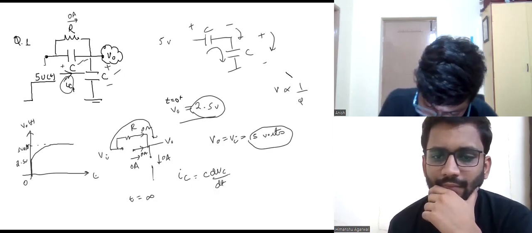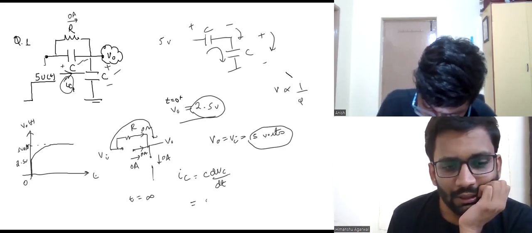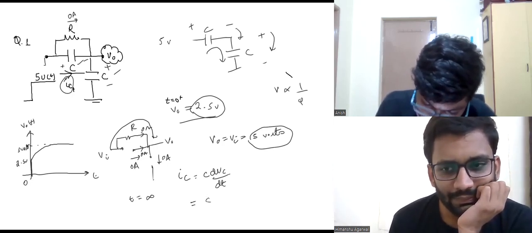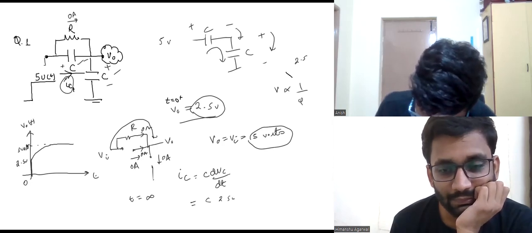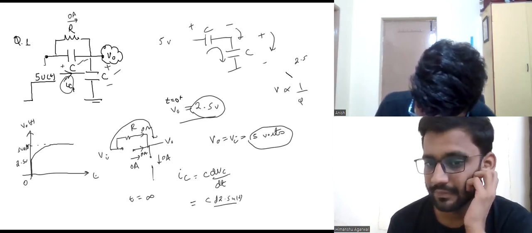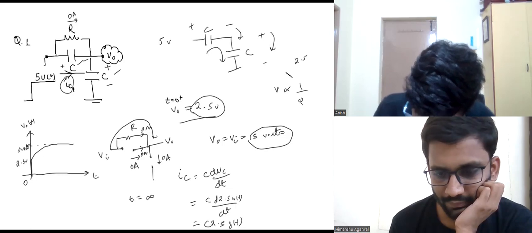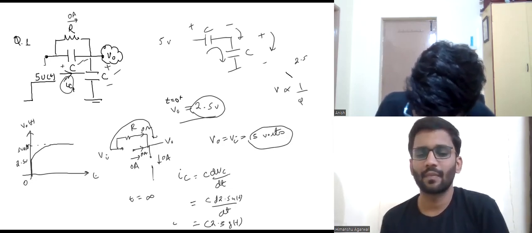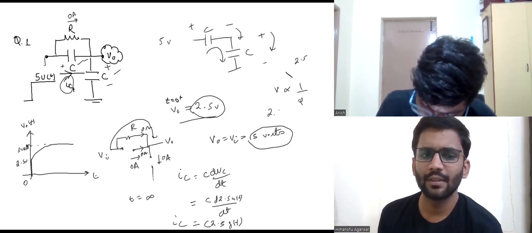Initially the voltage across this cap is 2.5 volts, so if you differentiate 2.5 u(t) with respect to t, we get C into 2.5 delta of t. So the initial current is 2.5 C into delta of t.